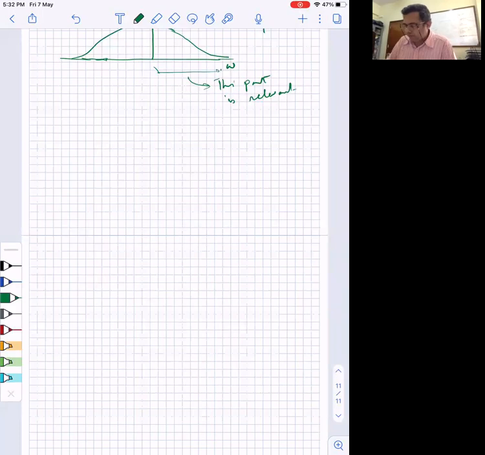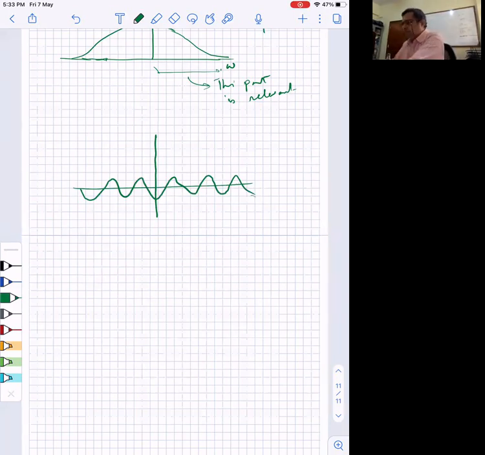Now, suppose my pulse was different. My pulse was this. Bad drawing, but anyway. So this is a sine wave. Okay. So I have a sine wave pulse. Again, this is u of t, this is t.